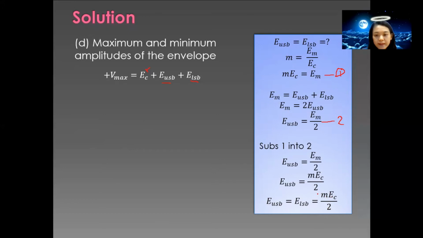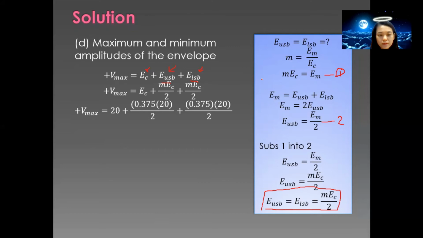Okay, so we get this formula, and we use this formula to substitute in these two values. EC is 20, M is 0.375. Multiply 0.375 by 20 divided by 2, and we put it in the calculator and get the answer 27.5 volts for our positive V maximum.